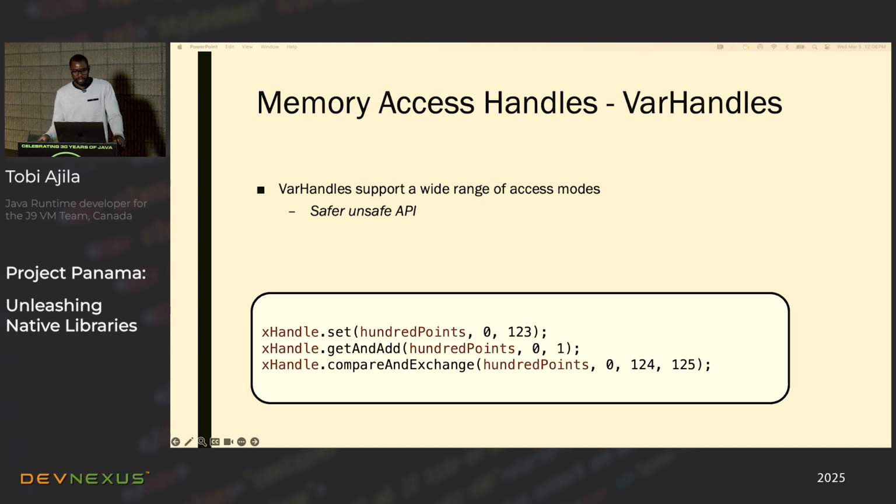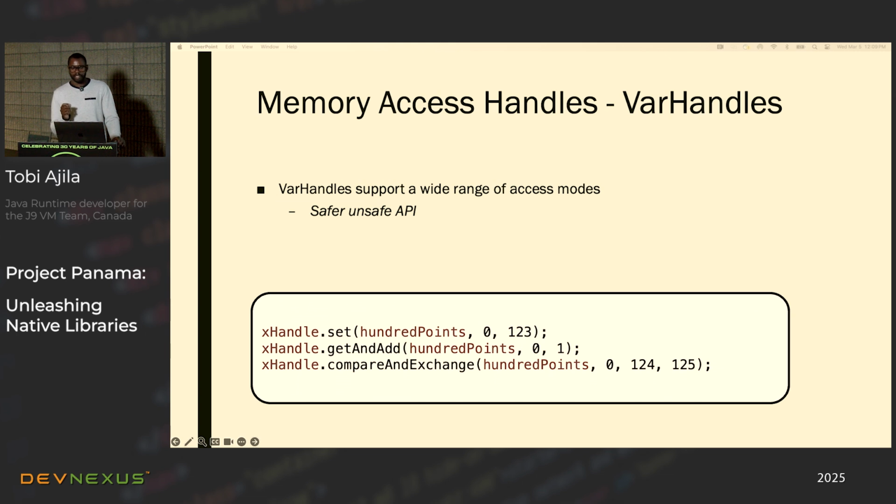With var handles, there are a variety of access modes. So for those familiar with the C++ atomic library, this is very similar. You can do things like get and add, compare and exchange. There are weak and strong operators as well. So it's very similar. In fact, anything you can do with unsafe, you can do with var handles.